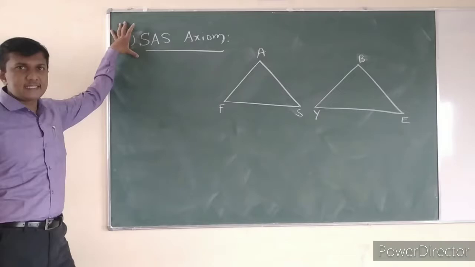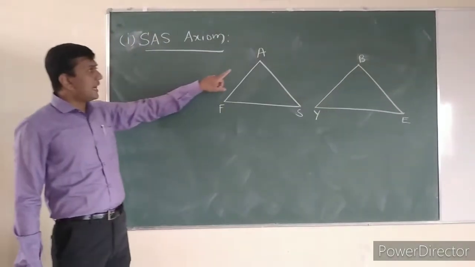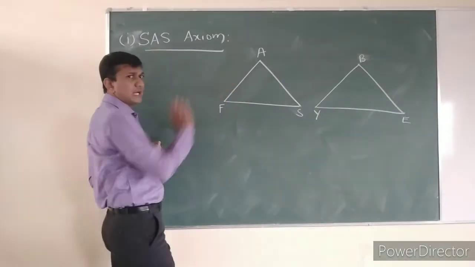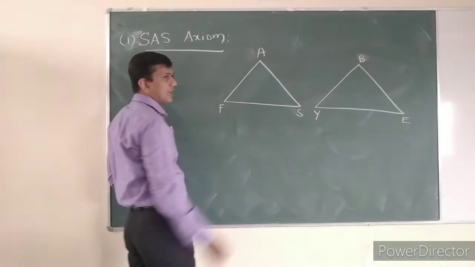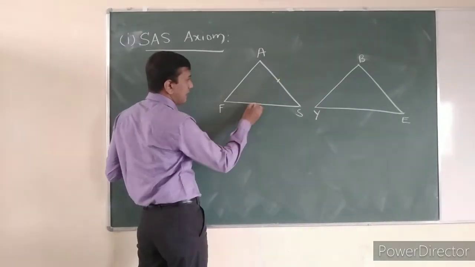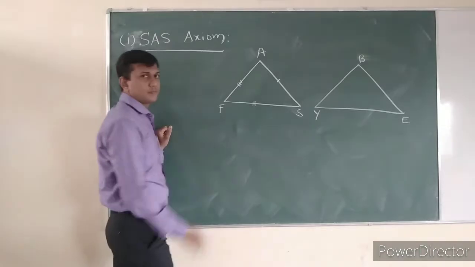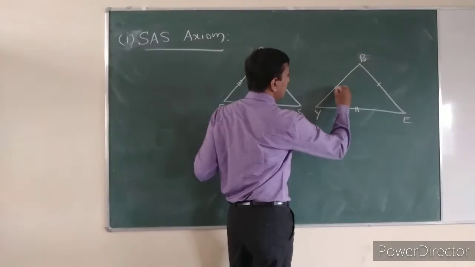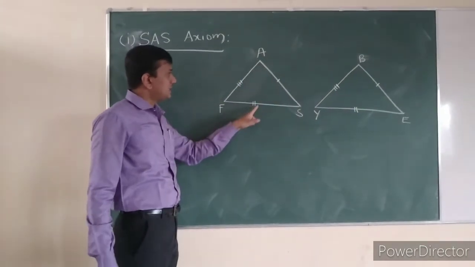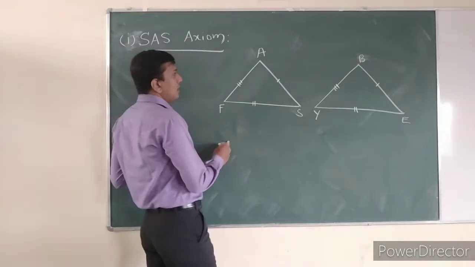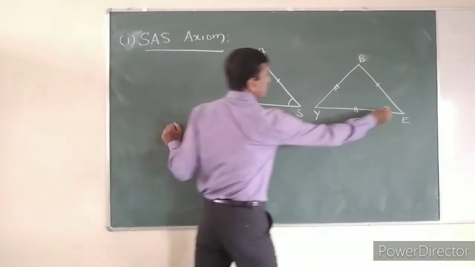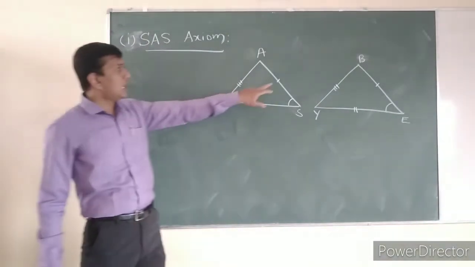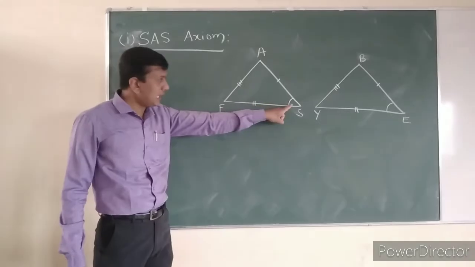The definition of the SAS axiom says: two sides of a triangle and one included angle. I can take any two sides of a triangle. For example, think that I have these two lengths like this. On the other triangle also, I have the same lengths. These lines indicate lengths, and the included angle.